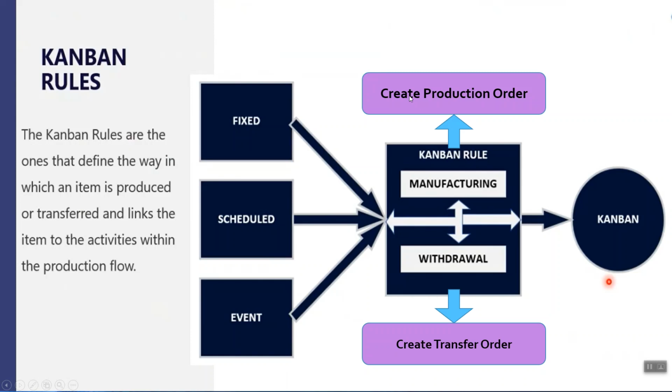So either it will create a production order or it will create a transfer order. So if you see correctly, Kanban, lean production always focuses on your shop floor activity. So both these orders are used on your shop floor. None of the purchase orders are suggested through Kanban.